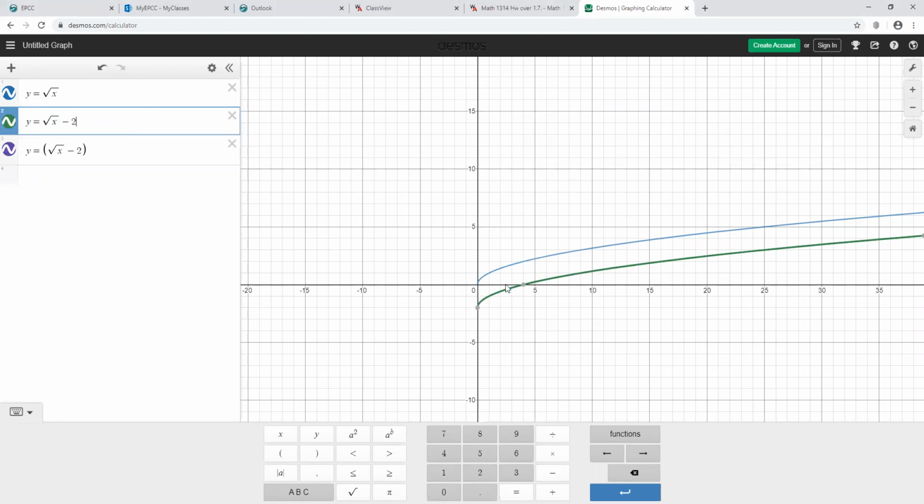This green graph is going to get reflected over the x-axis, which means this part is going to come underneath. This green part is going to go zoop, and this green part is going to go zoop. So it's going to look something like this, and this part is going to go, oh gosh, I just lost it.